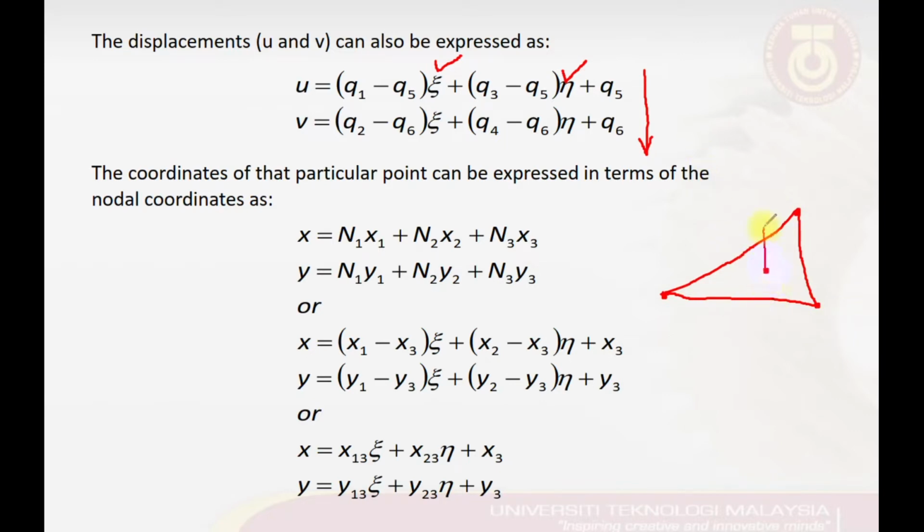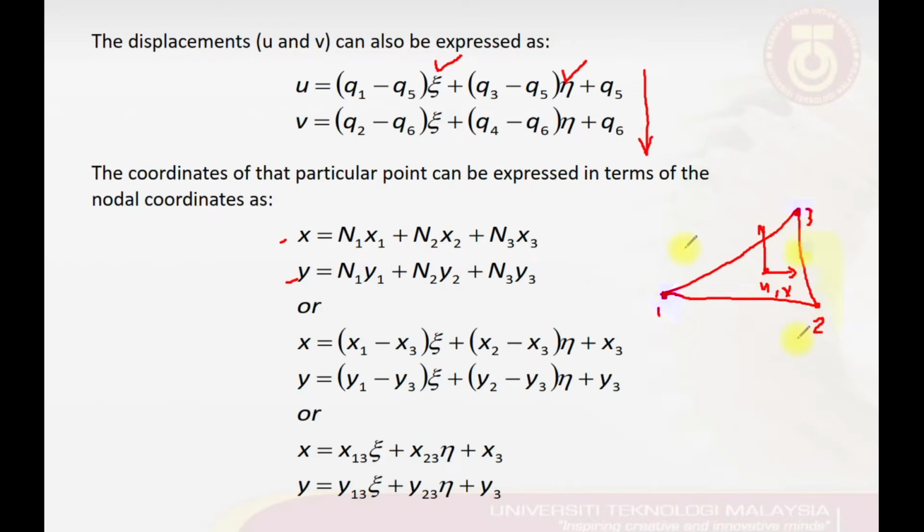So if the point there, which is known as u and v, where we know the coordinates here, which is x and y, and x1, which refers to the coordinate at point number 1, x2, y2 refer to the coordinate at point number 2, and x3, y3 refer to the coordinate at point number 3.